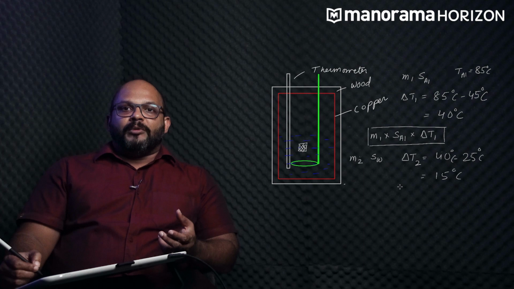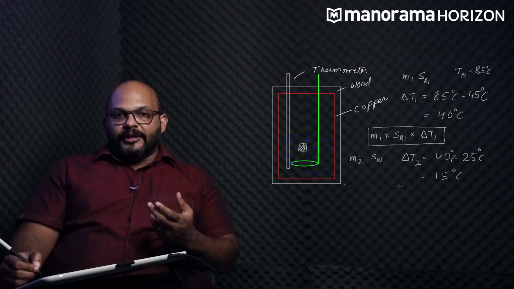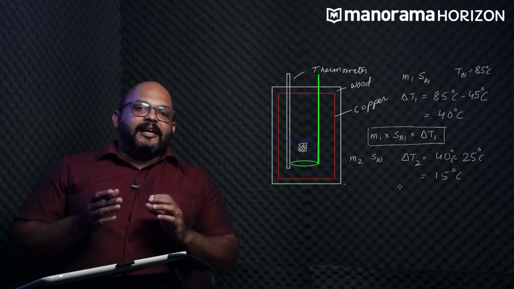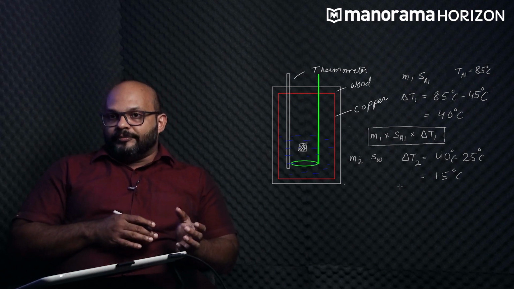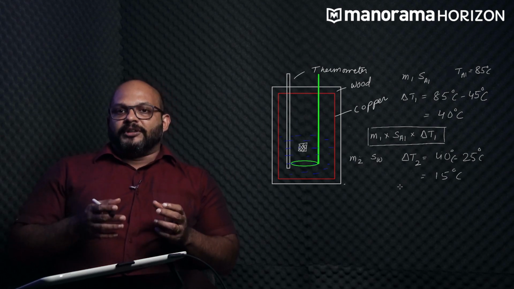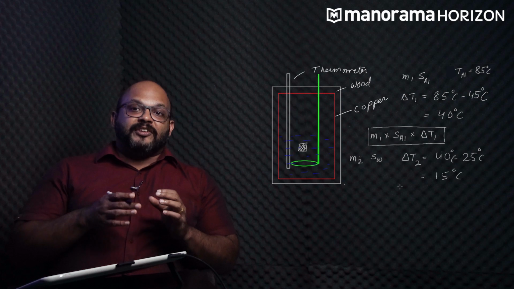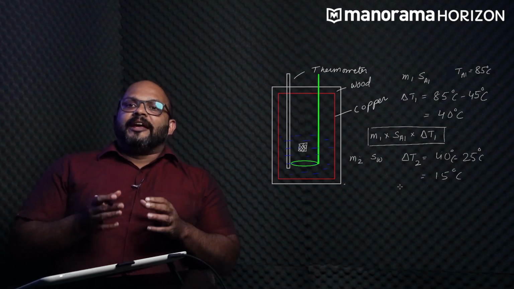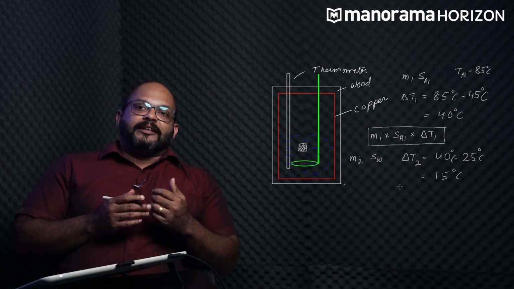We need to know how much heat energy has been acquired here, and this heat energy has gone not just into the water, it has also gone into the copper, because at equilibrium both copper and the water inside this calorimeter will be at the same temperature. So whatever heat is being lost by the aluminum was gained both by the water and by the copper.